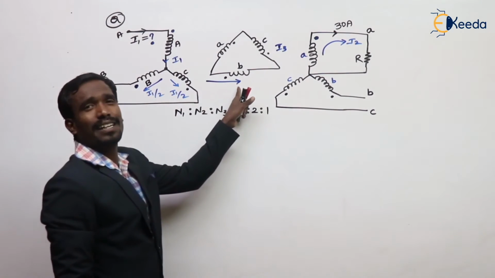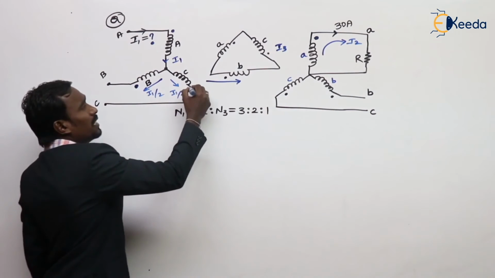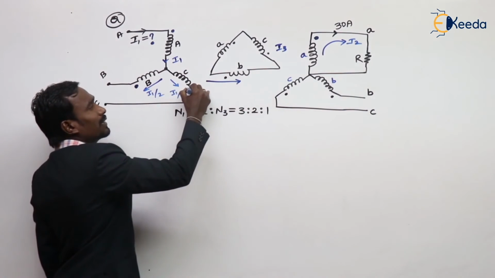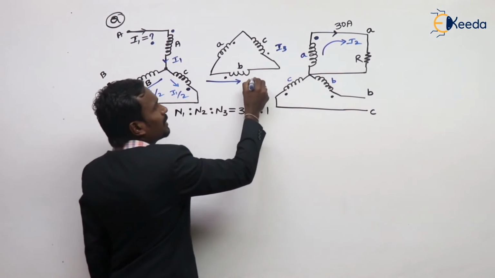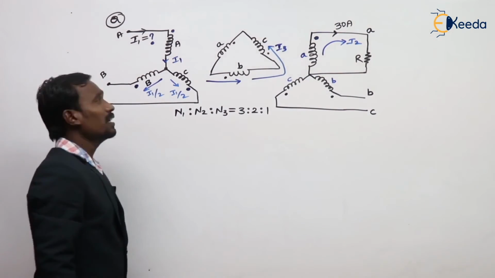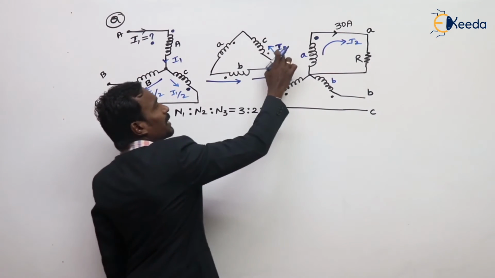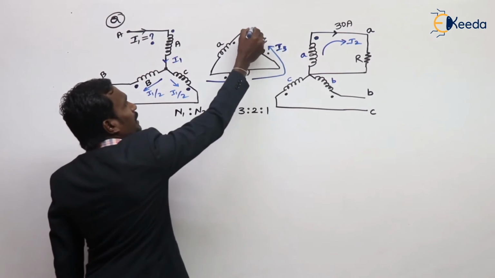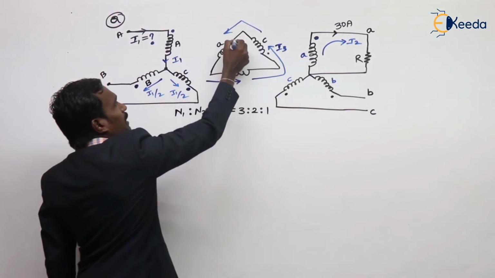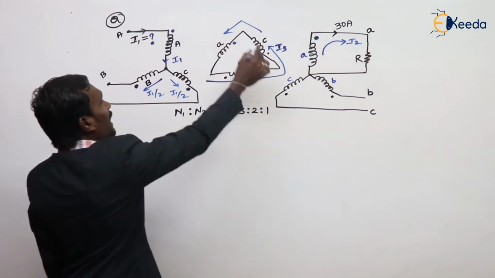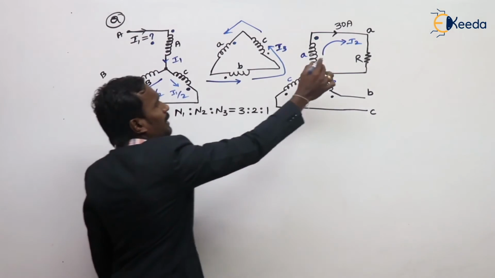This is my I3. Also in the C phase, the current is leaving, hence this I3 should enter into the C phase. So this is my I3 and this is my I3. Here also the current enters into the A phase. This is I3, and I1 and I2.